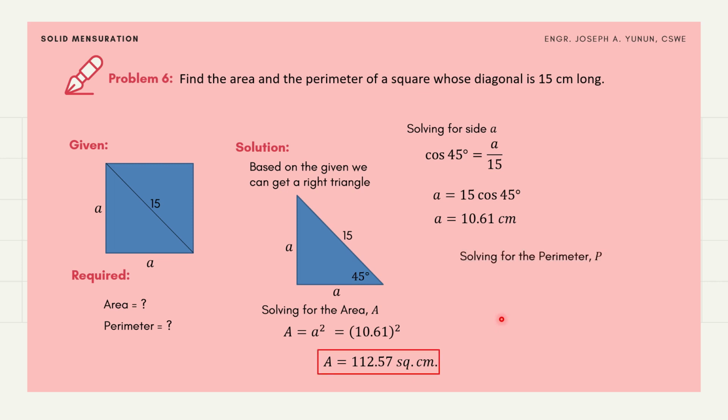Now solving for the perimeter: the perimeter is the sum of all sides, a plus a plus a plus a, which gives us 4a. Substituting the length of one side, 10.61, 4 times 10.61 gives us 42.44 centimeters for the perimeter.